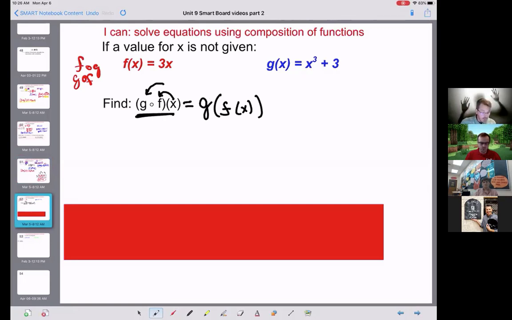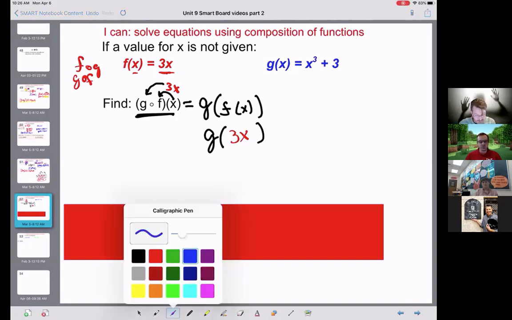So again, because we're dealing with variables, I can look at the f function, and the f function already has an x in it, so that's easy. So f of x equals 3x. And that means that I'm going to replace f of x with 3x, so I'll put a 3x. And then I'm going to plug that into the g function.